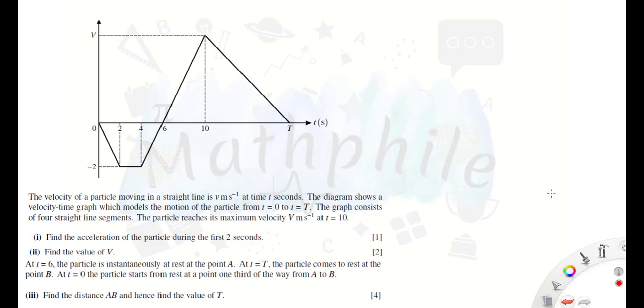I think this should be 2018 winter fall 2.